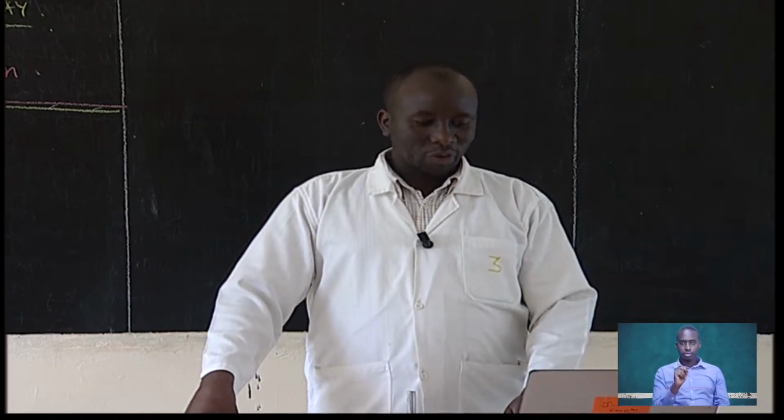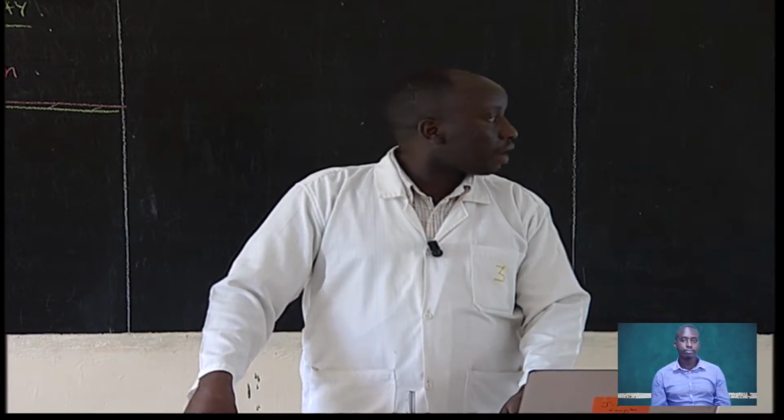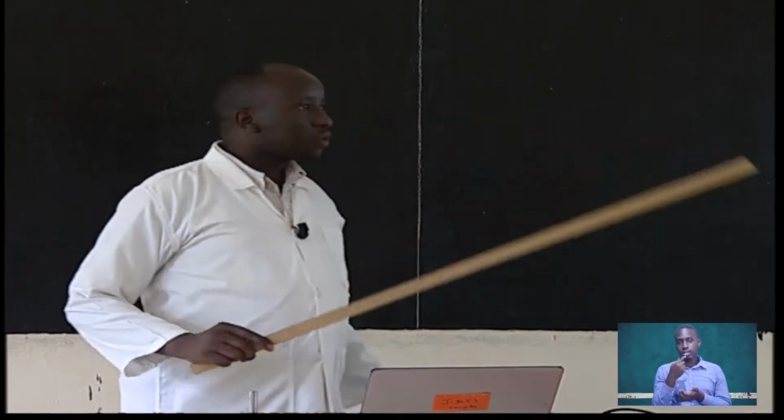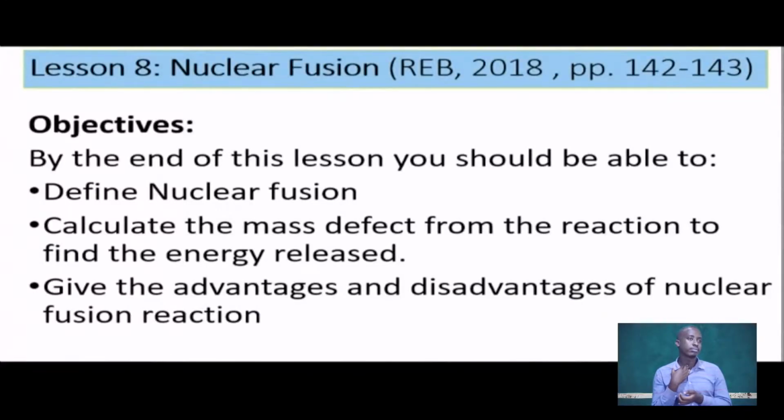Okay? So, we have the objectives of this lesson. By the end of this lesson, I wish you could be able to explain or to define the nuclear fusion. That is one. Two, to calculate the mass defect from the reaction to find the energy released.